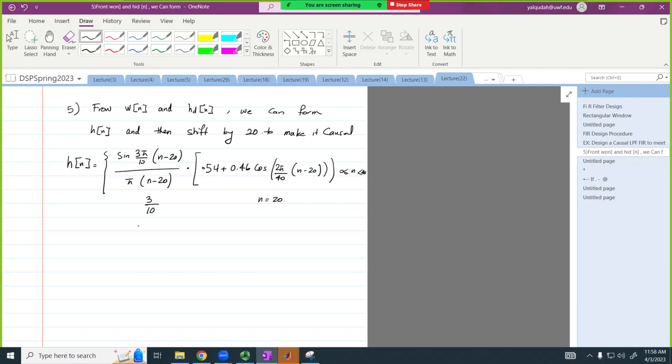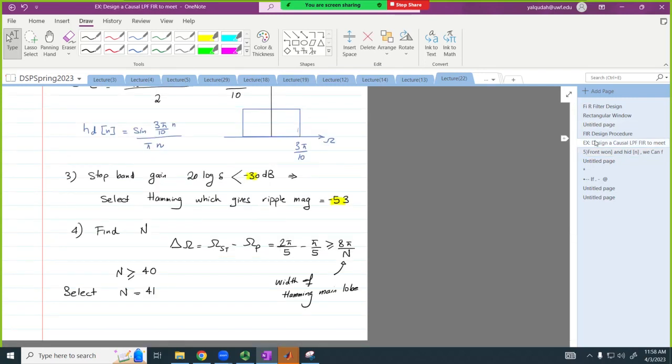Any questions? Again, this is the ideal filter. This is the window, the Hamming window. We shifted everything by 20. The total length was 41. So there's a 20, a 0, and 20. We shifted everything by 20. What's the range on that n again? N is 41.